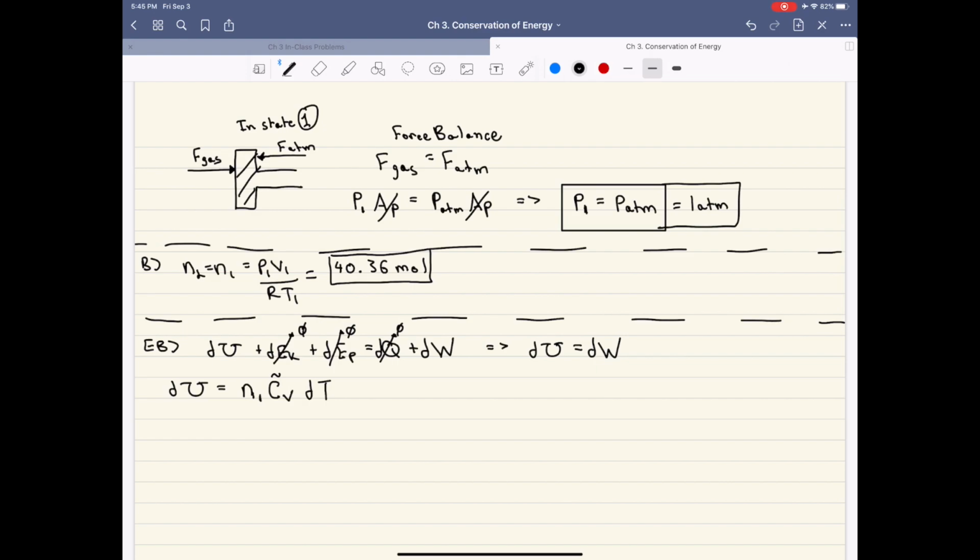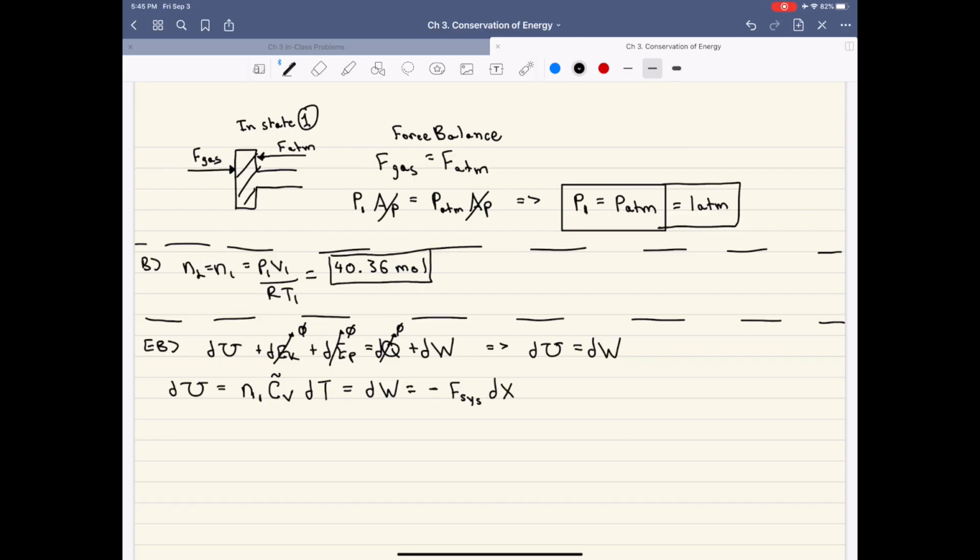Right? And for the work, or dW, we could just use the general form of the work equation, which is negative force exerted by the system times some displacement.